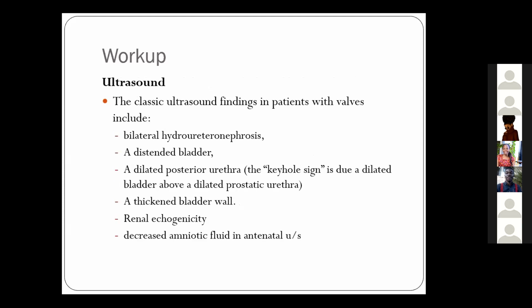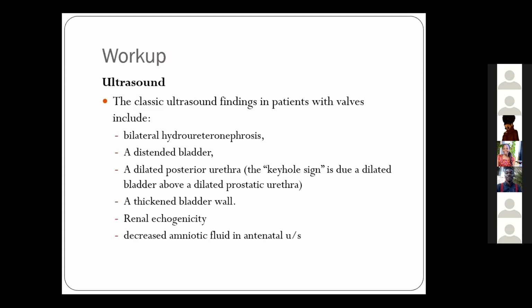In the workup and in the ultrasound scan, the classic findings in these patients will include bilateral hydroureteronephrosis. In other words, both the kidneys and the ureters will be filled with urine. A distended bladder, and you may have a dilated posterior urethra, what we call the keyhole sign.